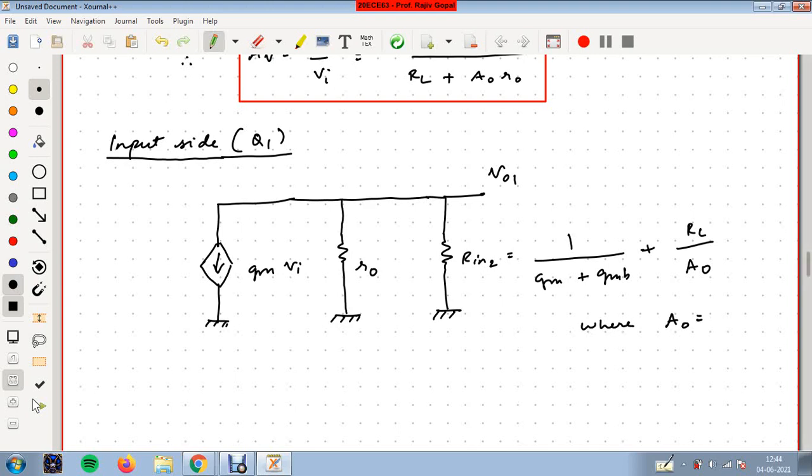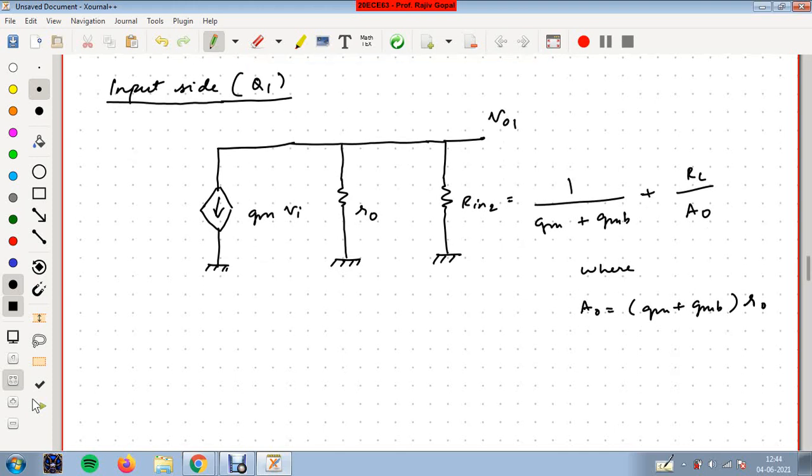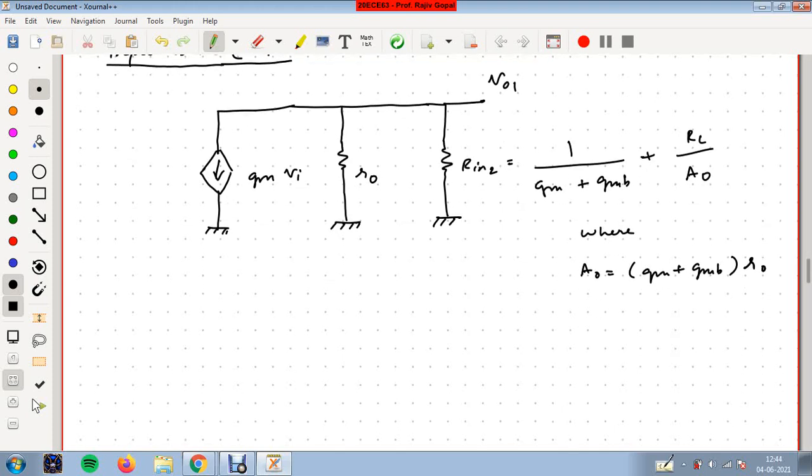Where A0 is gm plus gmb times R0. The assumption here, remember, is that both the MOSFETs are identical. Note, both MOSFETs are identical.